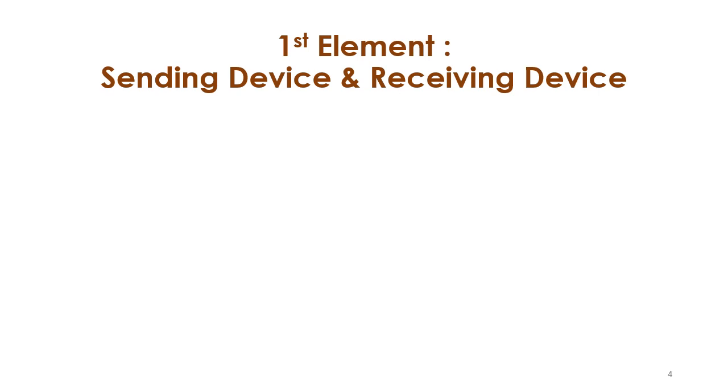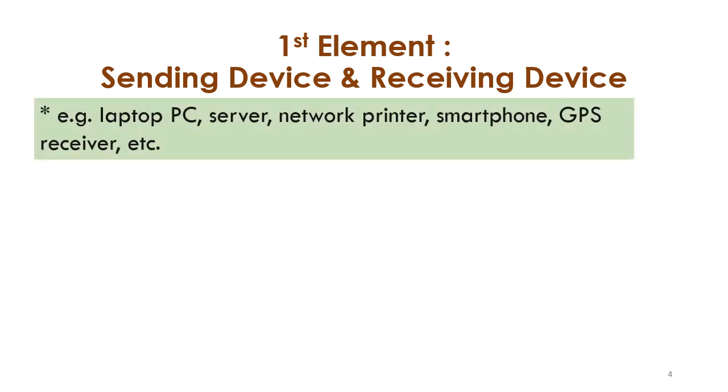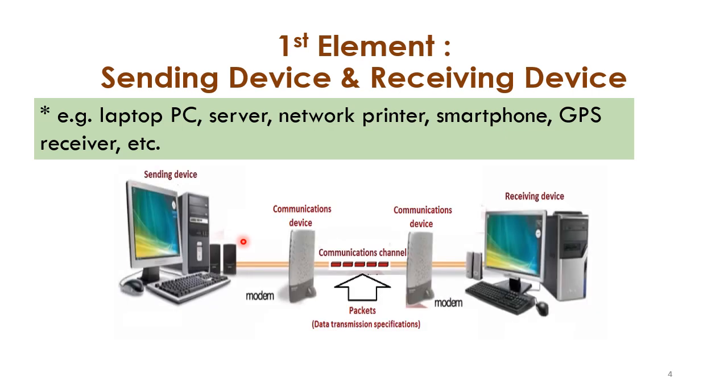The first element of any communication system will be sending device and receiving device. So what are examples of sending and receiving devices? You can see here, it can be a laptop, a server, network printer, smartphone, GPS receiver, etc. The purpose of these devices will be to send. For example, let's say this is your computer, then you want to send your data to your friend's computer.